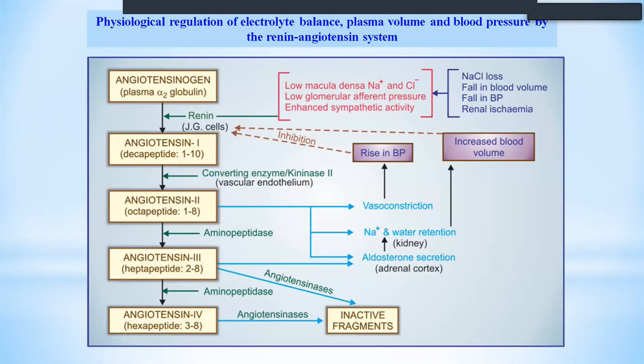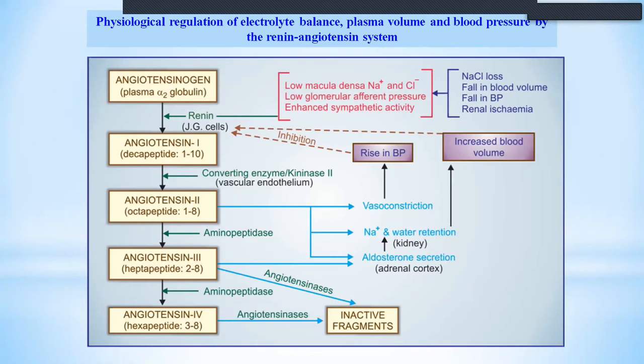Here you can see that angiotensinogen, a plasma alpha 2 globulin, is converted to angiotensin 1 in the juxtaglomerular cells of the kidney, whereas angiotensin 1 is converted to angiotensin 2 by the converting enzyme, angiotensin kinase, in the vascular endothelium.